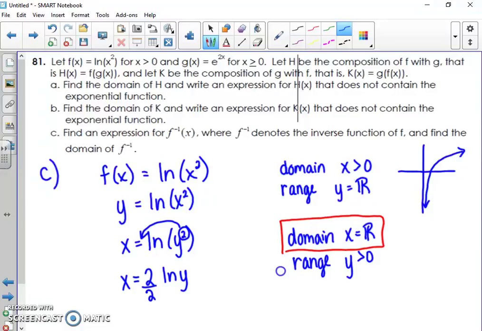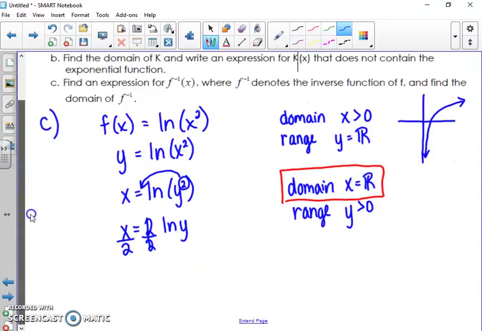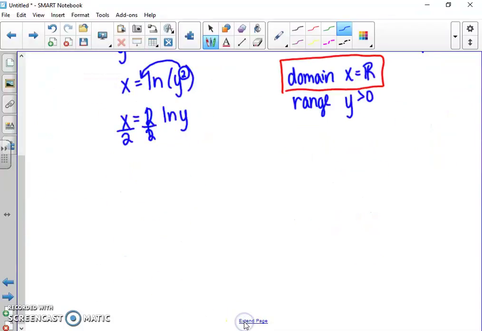I'm going to divide both sides by 2. And here we will see that we have x over 2 equals natural log of y. To get rid of a natural log, we make something a power of e. So we'll make this side a power of e, which will cancel out the natural log.